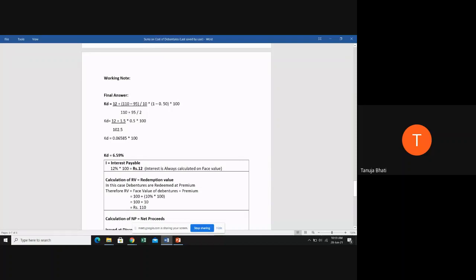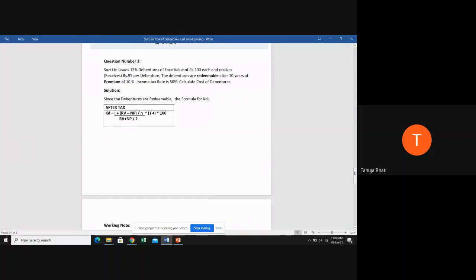So first we solve RV minus NP divided by 10, which is 1.5, plus interest. And then the denominator, that is 110 plus 95 divided by 2, which is 102.5. So when you divide 13.5 by 102.5 into 0.5, you get 0.06585, into 100 you get 6.59%. So your cost of debentures is 6.59%.